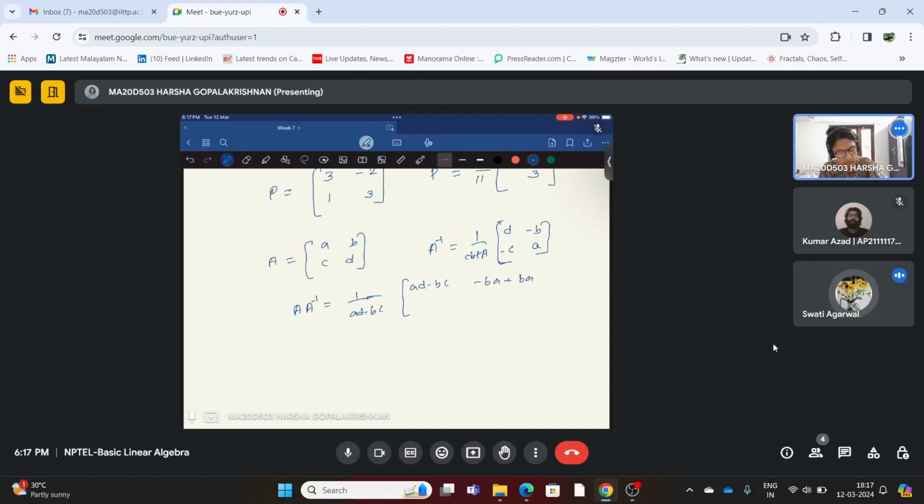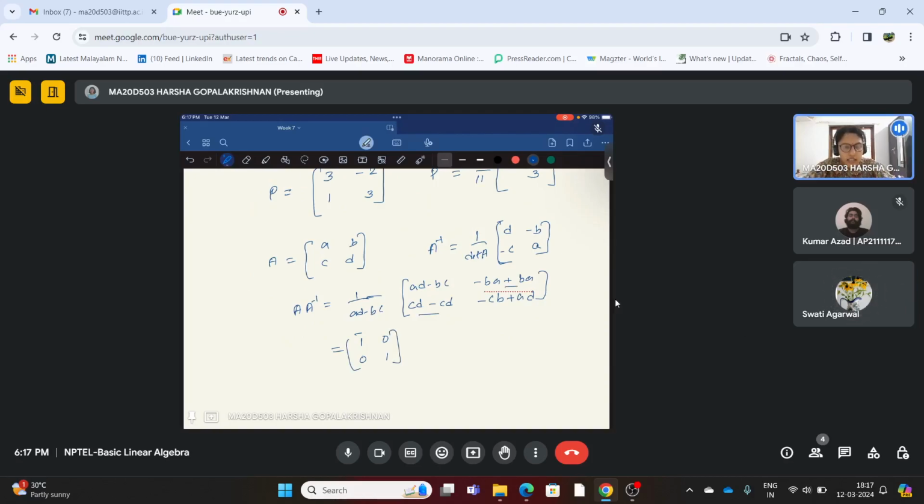The next term is CD minus CD, and the last term is minus CB plus AD. So what is this? 1001, correct? These two are becoming 0 and this is divided by the determinant.